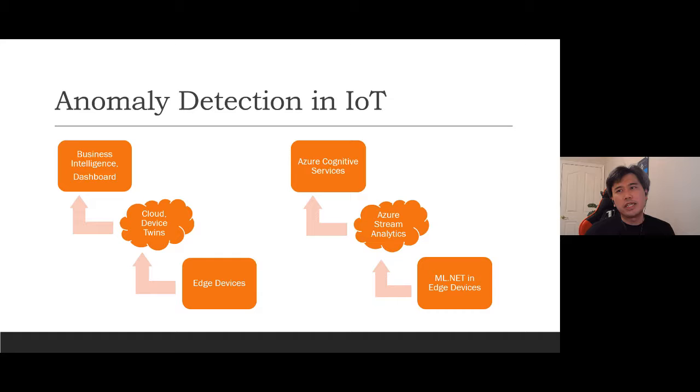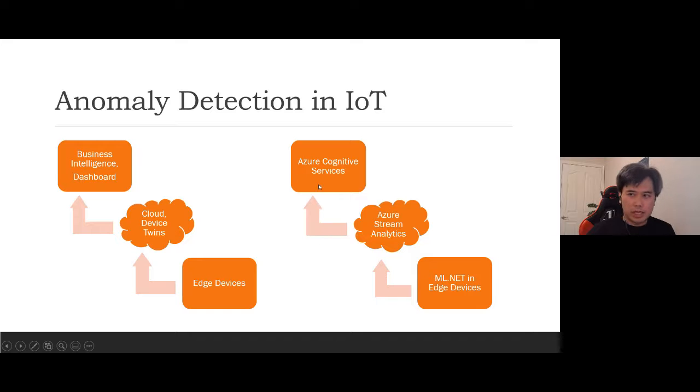So for anomaly detection in Internet of Things, we would use it in the cloud scenario. In this case, the example that I'm showing today is on Azure Stream Analytics, which is in the cloud, and you can use ML.NET in your edge devices to improve your anomaly detection.